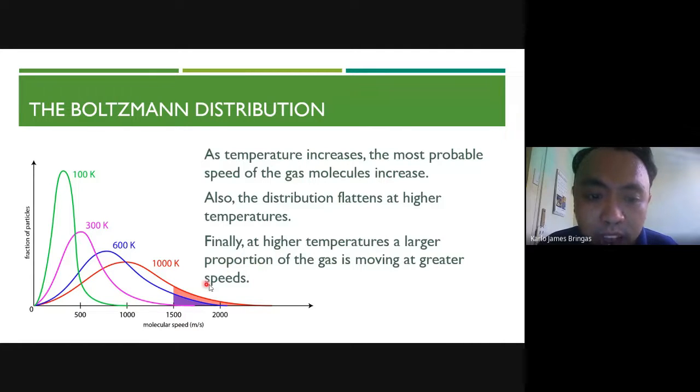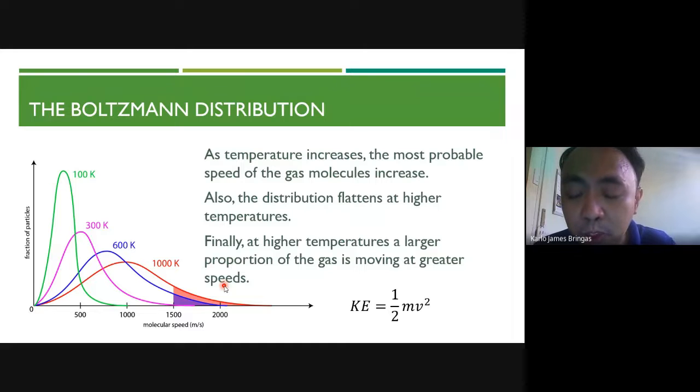You might be familiar with this formula from physics: the speed of the particles is related to the kinetic energy that the gas particles possess, according to this equation right over here. The higher the speed, the greater the kinetic energy. So basically, at a molecular level, temperature is simply a measure of the kinetic energy our molecules possess.